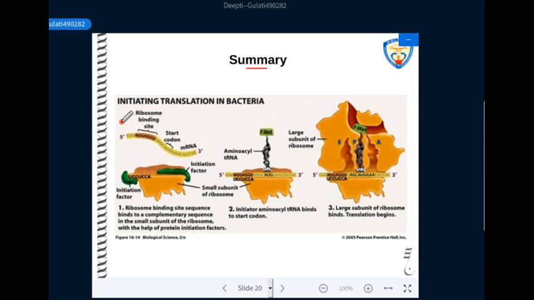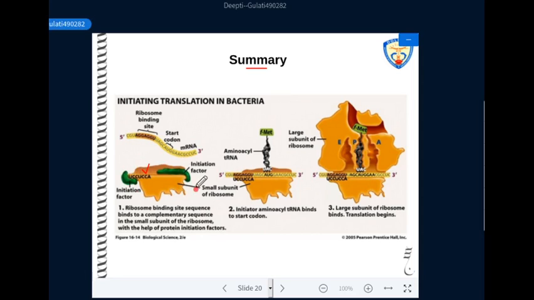It starts finding the messenger RNA and it binds to the messenger RNA at a specific sequence, and that sequence is known as a ribosome binding site, or specifically in prokaryotes, we call it the Shine-Dalgarno sequence. So this sequence has a complementary sequence in the 16S rRNA component of the 30S ribosomal subunit.